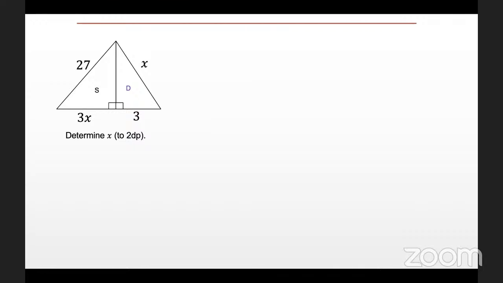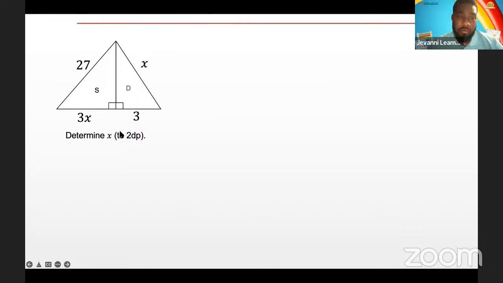Mr. Lee, can you help David with this one? Okay, if you can hear me. All right, so for this one, one of the things we must note is the right angles. You see the right angle right here and over here, right?